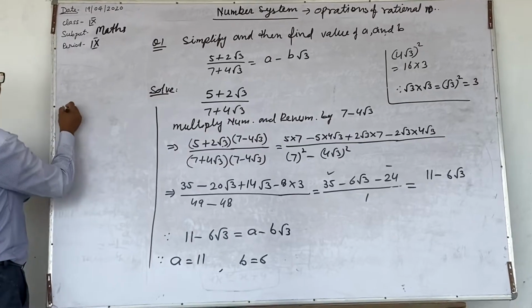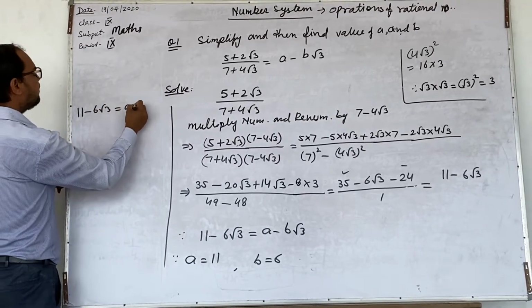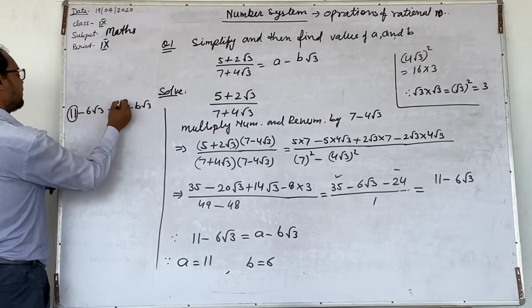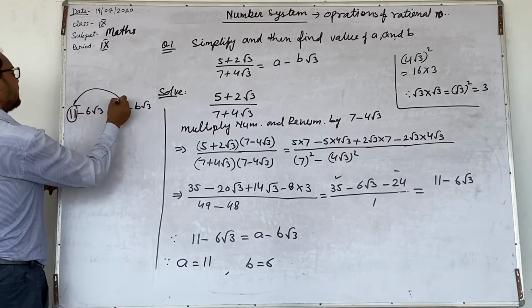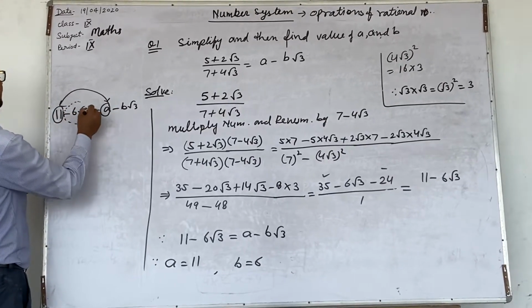Just look at this in a simple way. We can write 11 minus 6 root 3 as well as 11 minus b root 3. So this is a term which is rational. This term is taken from here.